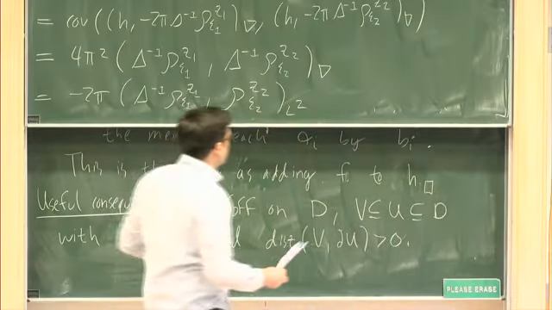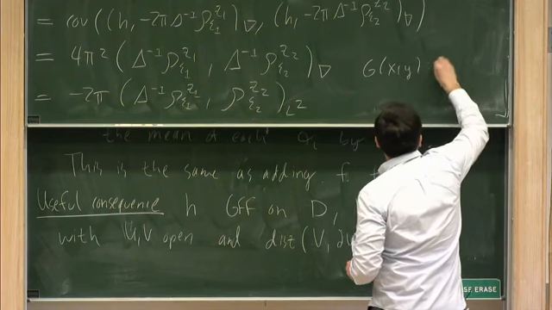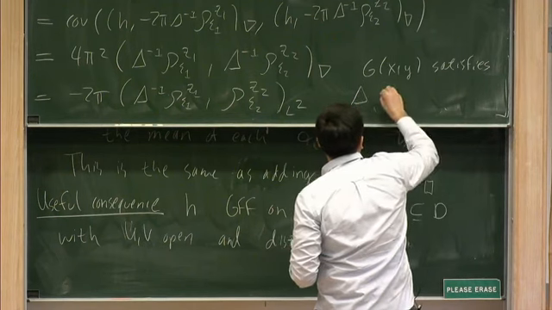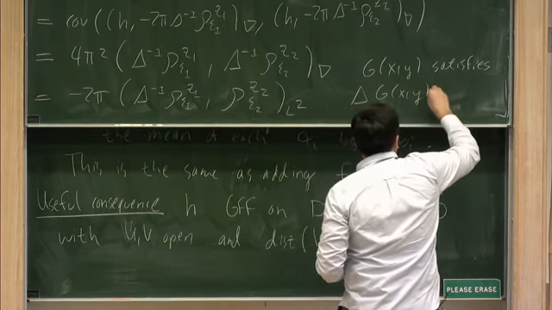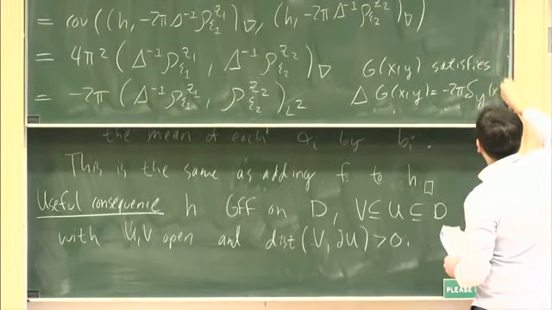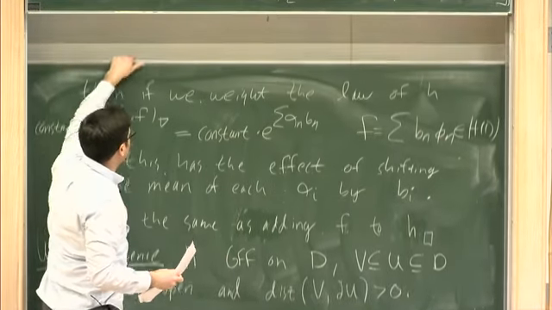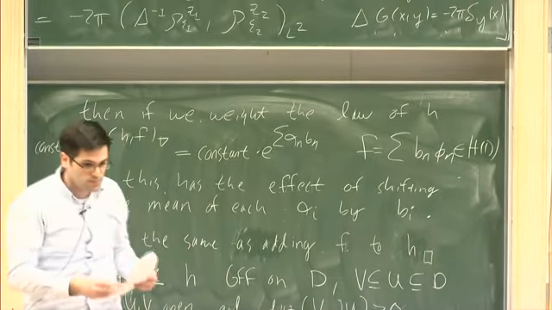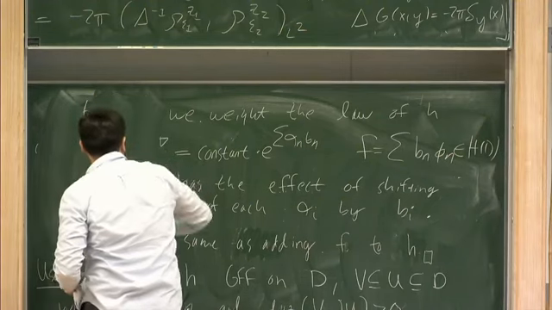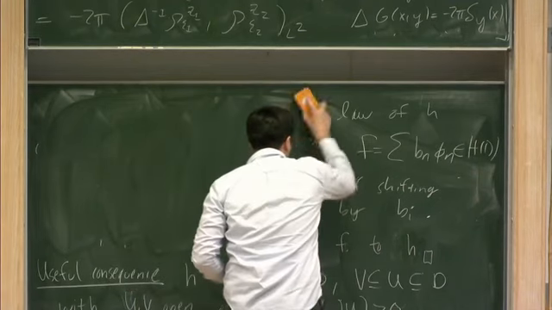And then recalling the Green's function g of xy, remember that this satisfies the property that its Laplacian is equal to minus 2 pi times the delta function at y, evaluated at x. And so using this, we can write down an explicit formula for that L2 inner product there.